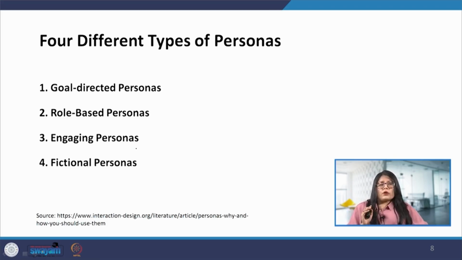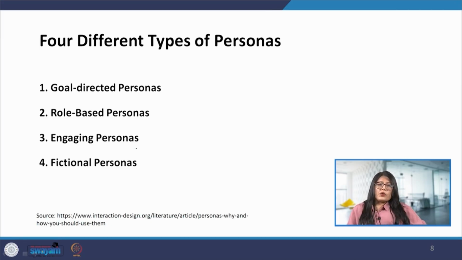So, these personas examine the emotions of the users, their psychology, and backgrounds, and make them relevant to the task at hand. The perspective emphasizes how stories can engage and bring the personas to life.